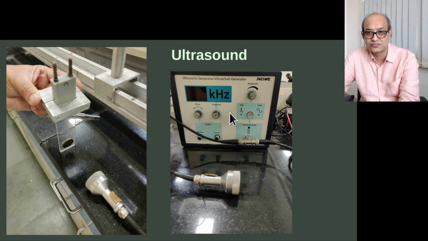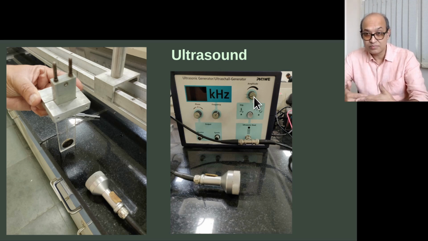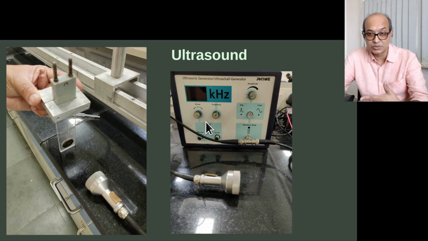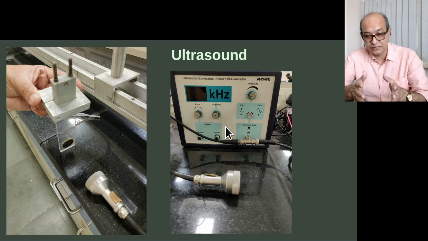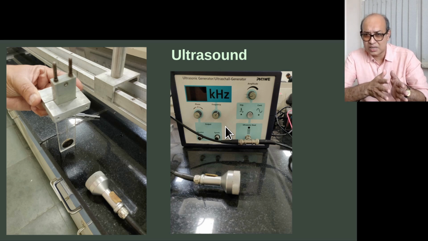It is a box where the amplitude of the sound and the frequency of the sound you can adjust. You can make a high amplitude, high frequency ultrasound. This box can produce frequencies from approximately 750 kilohertz to 850 kilohertz.